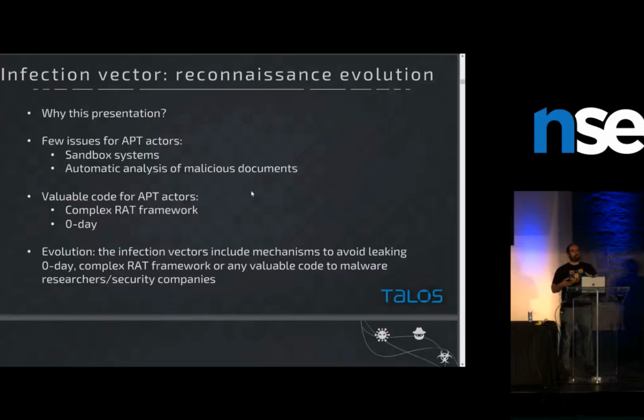But the thing is, 0-days are expensive, first, and if you develop your own remote administration tool with complex features, etc., it's expensive too. So we are seeing a new trend where attackers try to never deliver a 0-day exploit or RAT on an infected machine if they are not 100% sure it's the right target, the right person on the system.